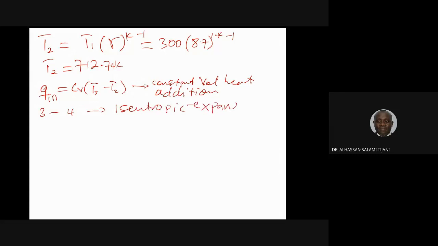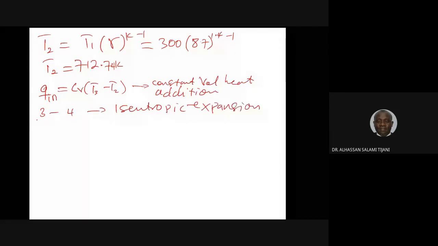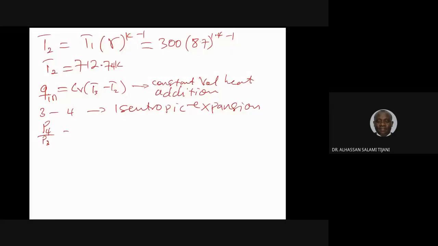Now this is given by P4 over P3 equals V3 over V4 raised to the power K, which equals T4 divided by T3 raised to the power K divided by K minus 1.